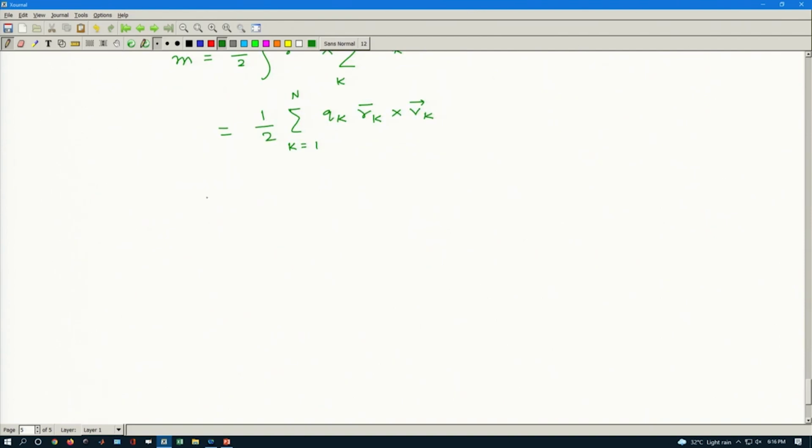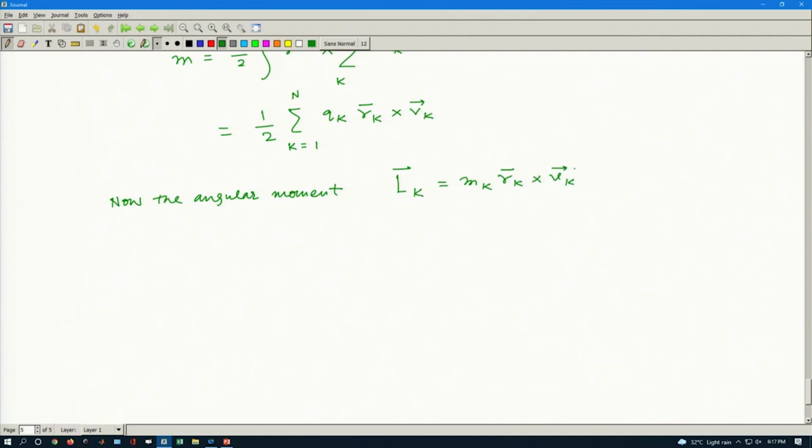Now, the angular momentum of the kth particle can be represented as L k equals m k r k cross v k.